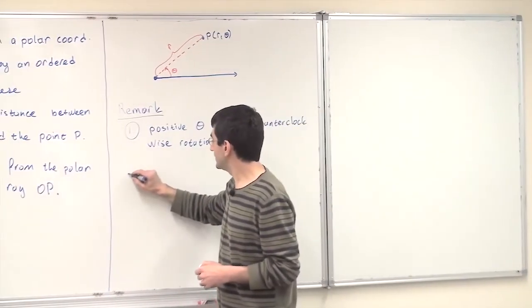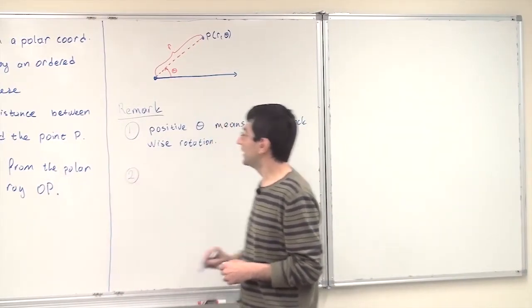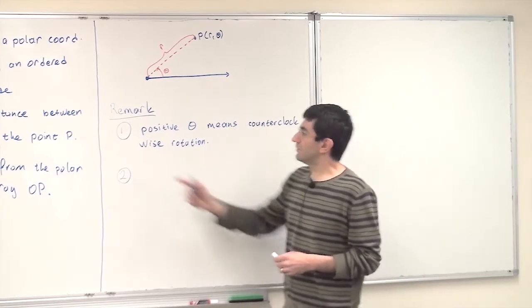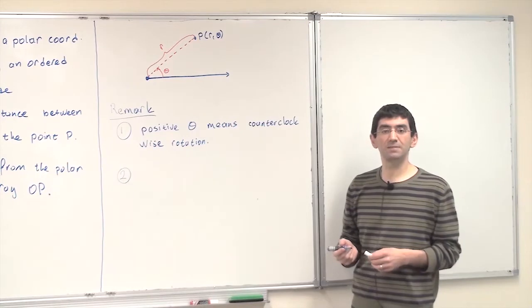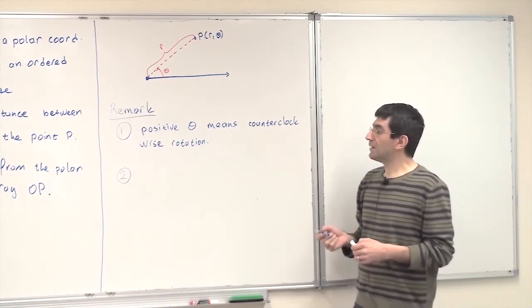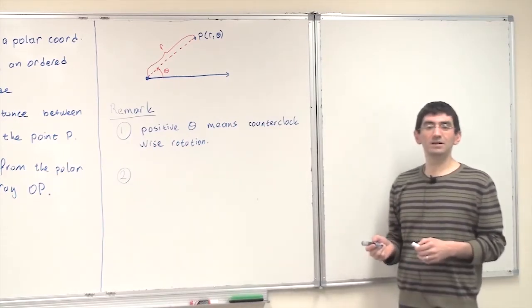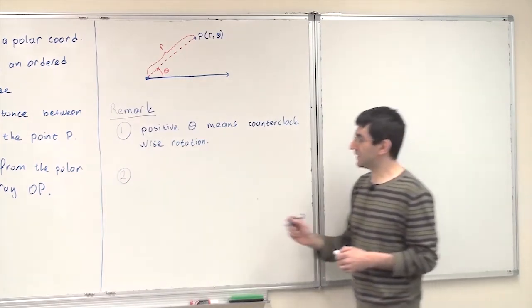And second remark is about the r. From the definition, we know that the r is a distance, so it is a positive quantity. But we can extend the values of r to negative values.